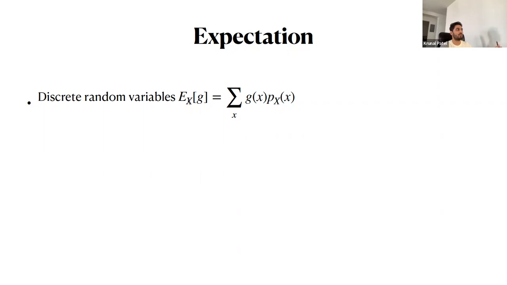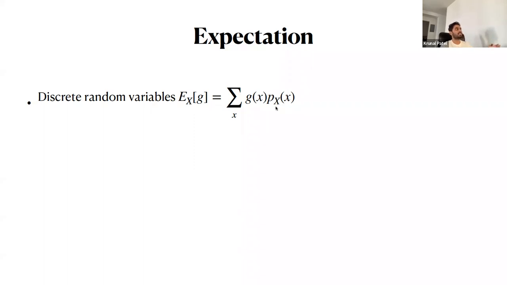Expectations are always with respect to some random variable, so we'll denote it in the subscript if it is not clear. We go over all those possible values and see what value the g function takes and what is the probability of random variable x taking that particular value. This is the way you calculate the expectations.